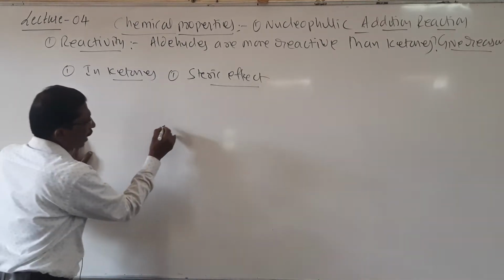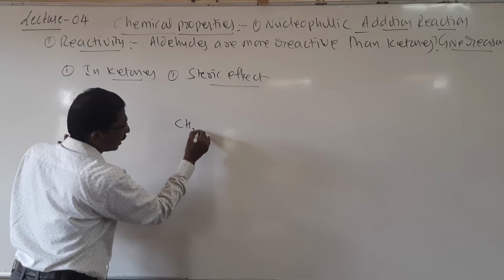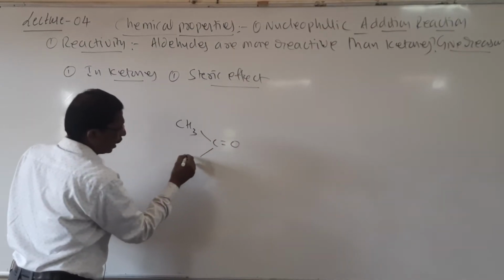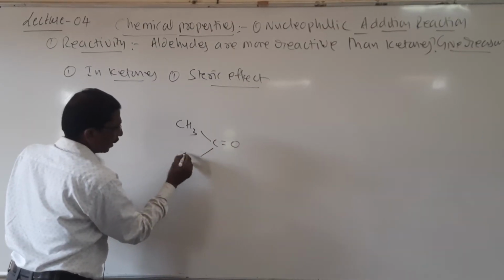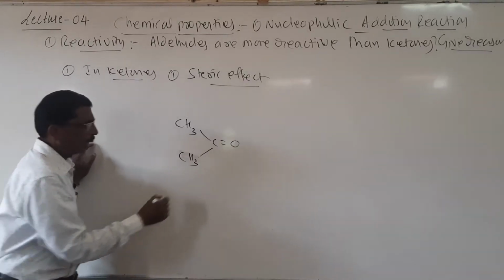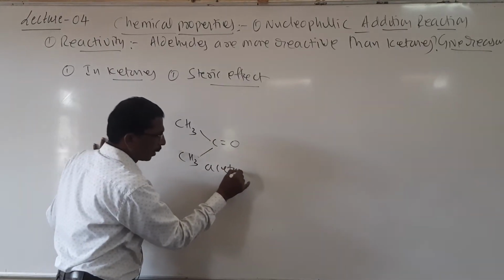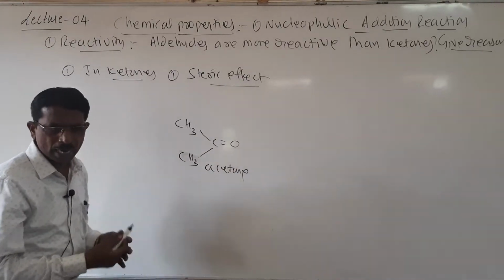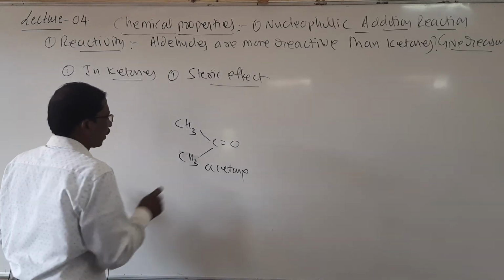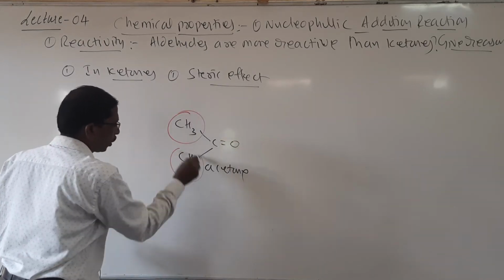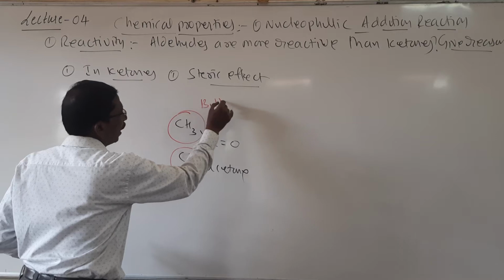So here if it is acetone, CH3, C double bond O, CH3. Look here student, it is acetone. In acetone, it has bulky groups. These are called bulky groups.